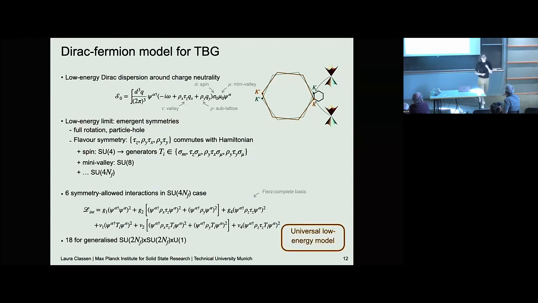The couplings I'm writing down here, in fact, form a Fierz-complete basis, and in that sense, you cannot find any other thing, and it's a universal low-energy model. Good. So this is what we wanted to study, the interchannel feedback, if you have all these couplings.